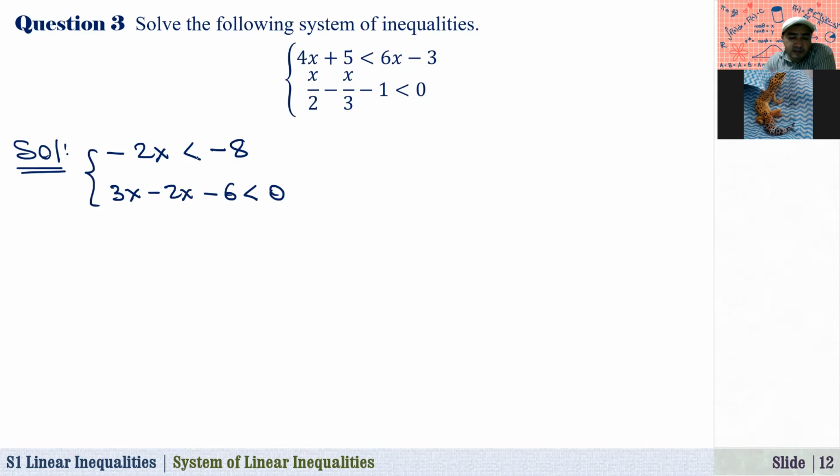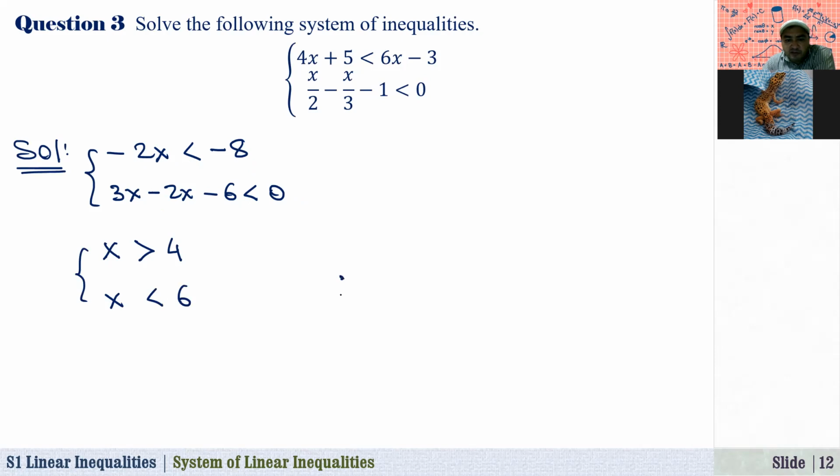Now the second step, we try to simplify further. The first inequality, divide both sides by negative 2. Since we are dividing by negative 2, also we have to change the inequality sign. So here we have x is greater than negative 8 divided by negative 2, that is 4. And how about the second one? 3x minus 2x, that is x. Take 6 to the right-hand side, it is less than 6.